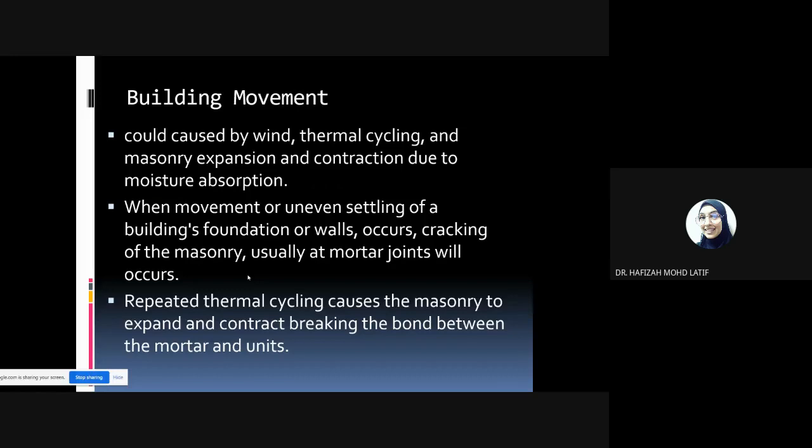Settlement can cause the building to crack, and it can be caused by wind, thermal cycling, and masonry expansion and contraction due to moisture absorption. When movement or uneven settling of a building foundation or wall occurs, cracking of the masonry, usually at mortar joints, will occur. Repeated thermal cycling causes the masonry to expand and contract, breaking the bonds between the mortar and the unit.